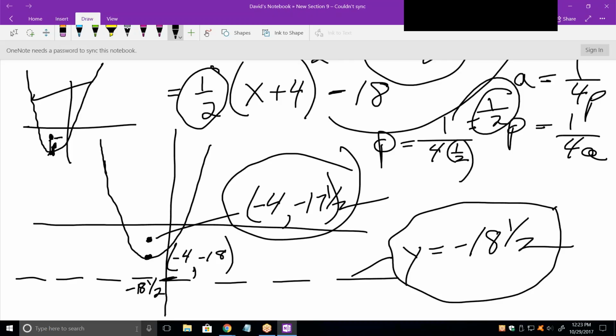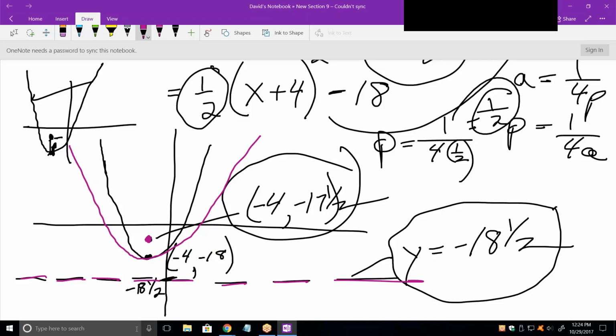So I know it's a little flatter than a normal parabola, the true shape probably like that. Doesn't change the focus, doesn't change the directrix. So whether it's a skinny parabola or a fat parabola matters not in terms of focus and directrix.